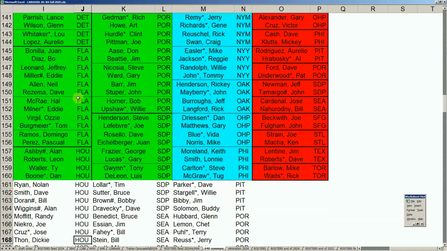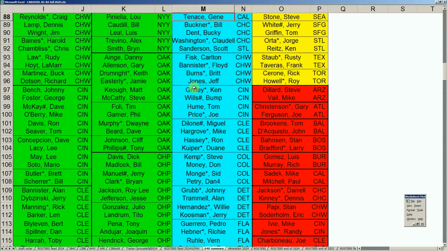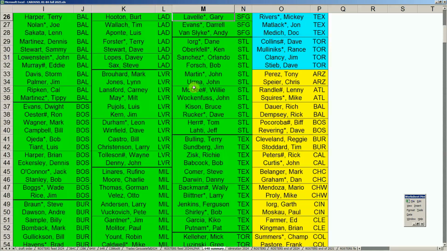So I have a printout of this. 160 names per column. So that's 160, that's 320. And the balance of 64 is the top of the third column here.